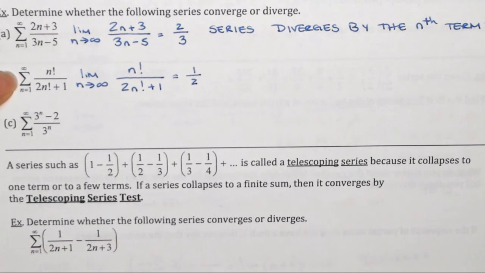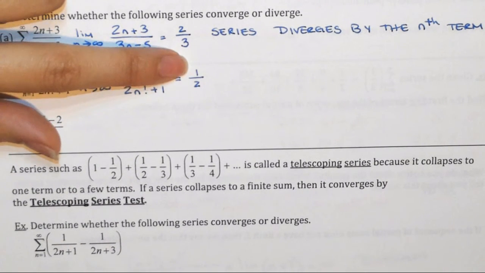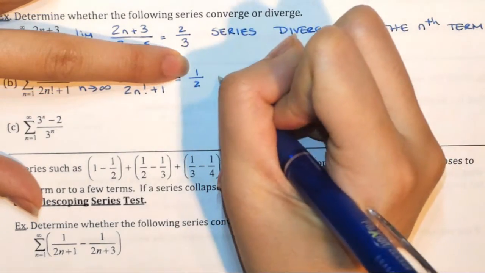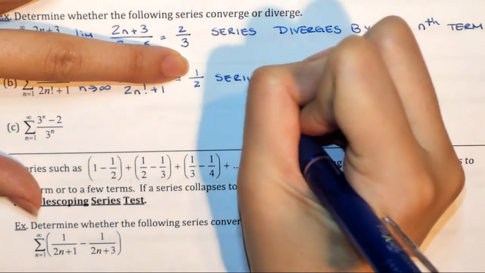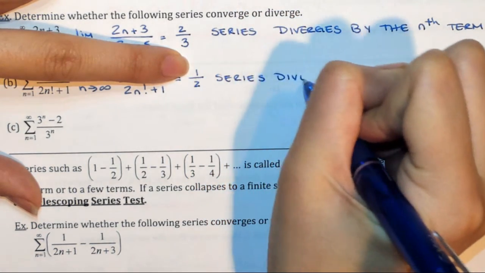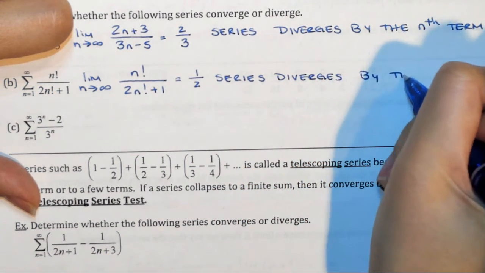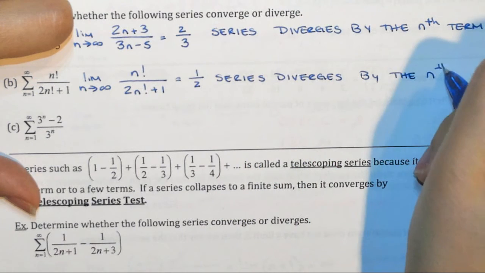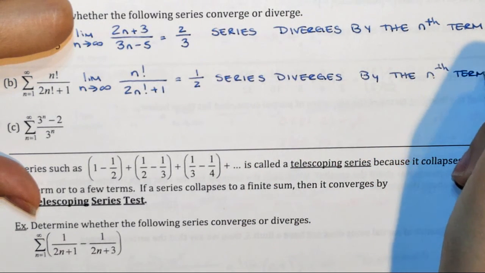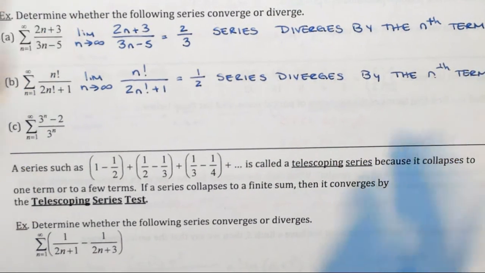And since the limit goes to a number other than 0, we would say that the series diverges by the nth term test. Okay?